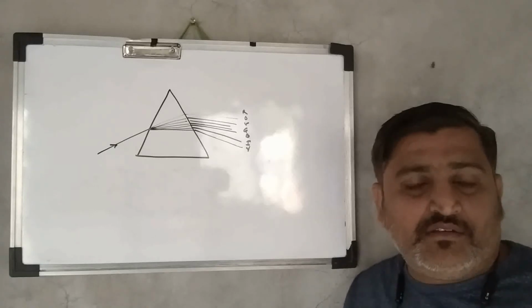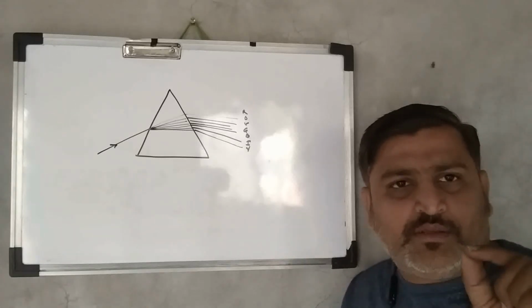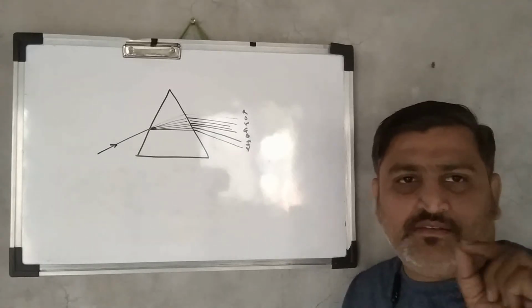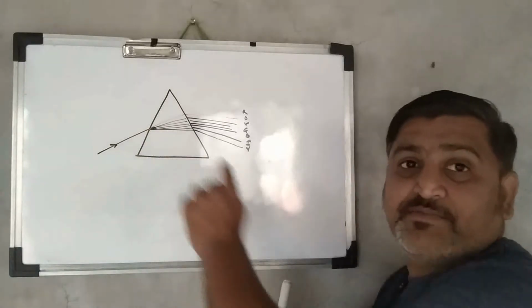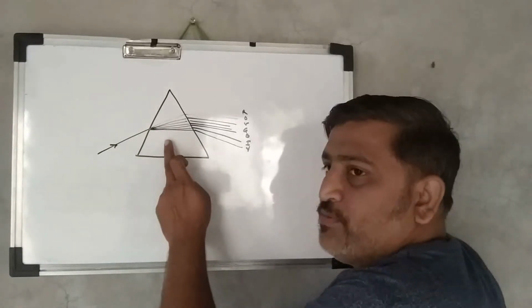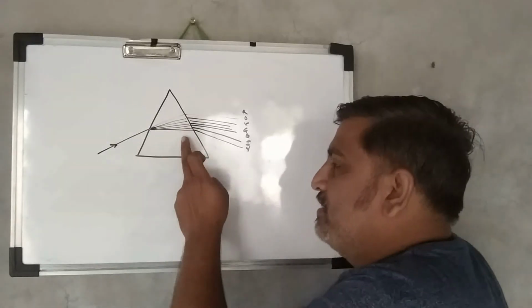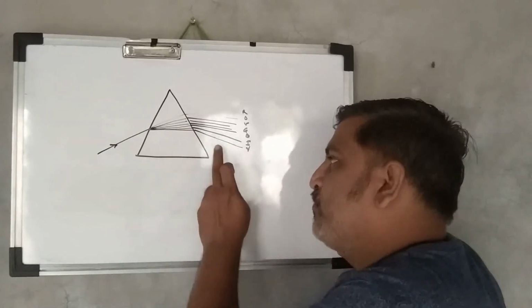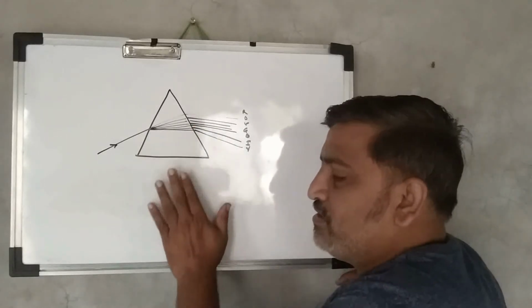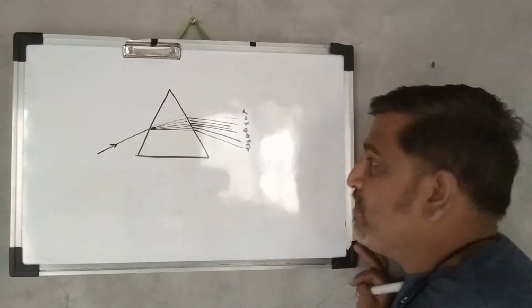When he allowed a monochromatic beam of light to fall on the prism, at the first interface the light gets refracted into the prism. Again it suffers refraction for the second time, and it bends toward the base of the prism.